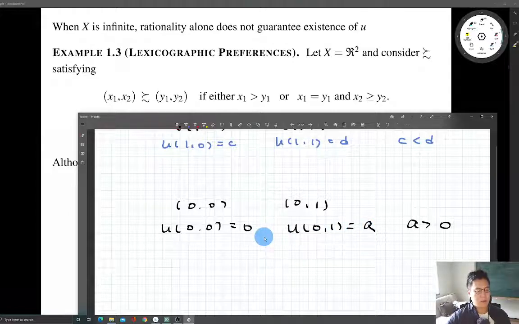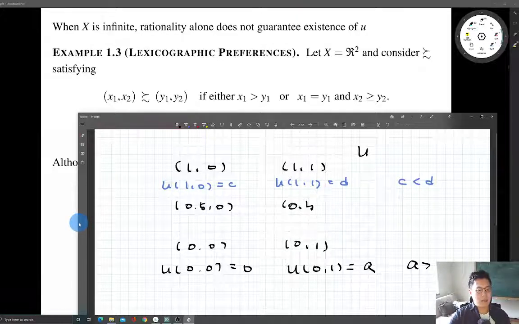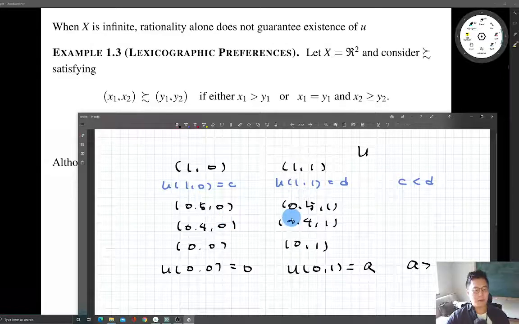Then the problem is between 0 and 1. Between these two pairs, we have infinitely many pairs, say (0.50, 0) and (0.50, 1), and (0.4, 0) and (0.4, 1). There are infinitely many pairs between these two.